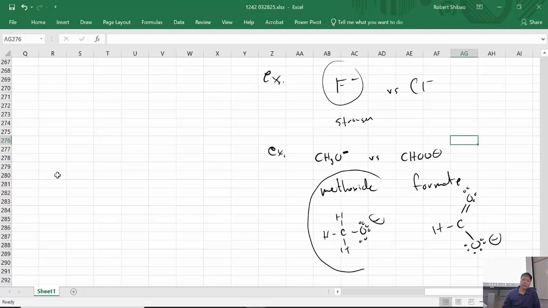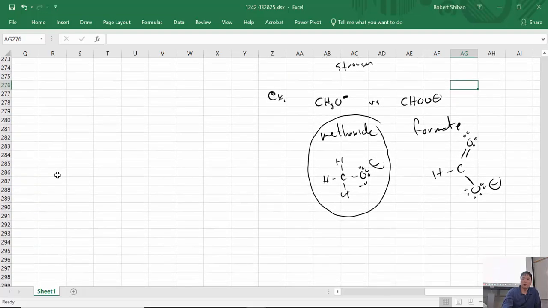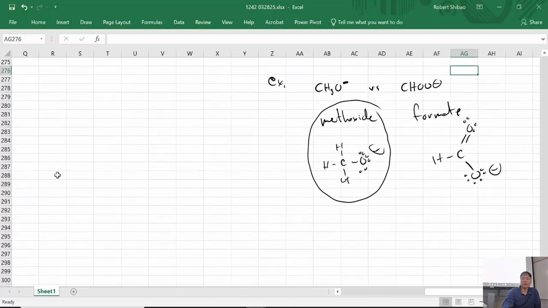And how did you come up with that? Because it's more localized. The negative formal charge is more localized, but why is formate more delocalized? The double bond.